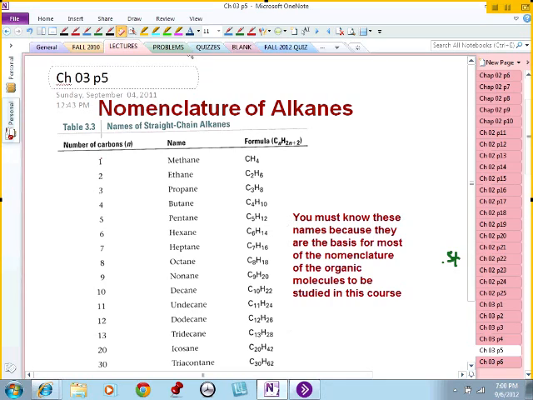By the way, these names are what we call the straight chain alkanes. And what do we mean by straight chain alkane?